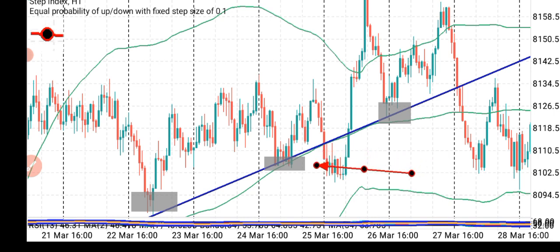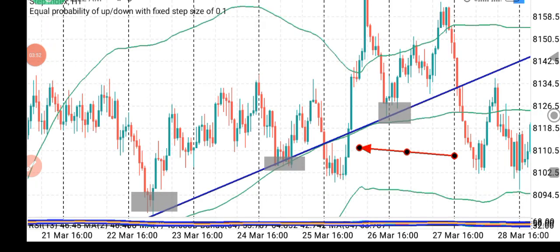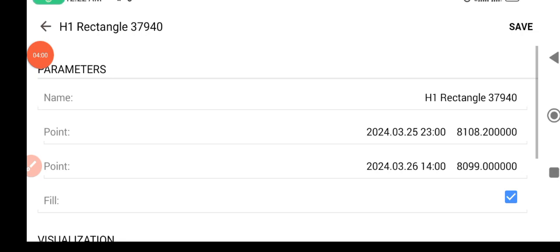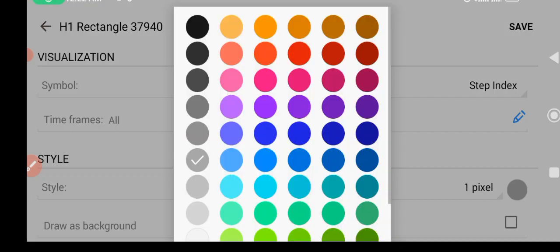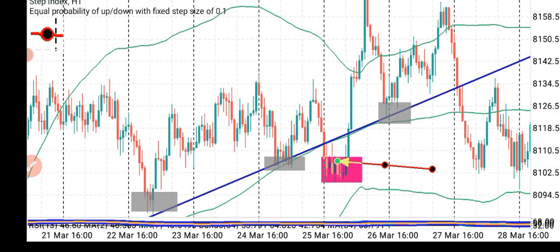So this is a typical scenario of a reversal. Then what we have here is a typical example of a fake out. Let's change this color to red. So this is a fake out.